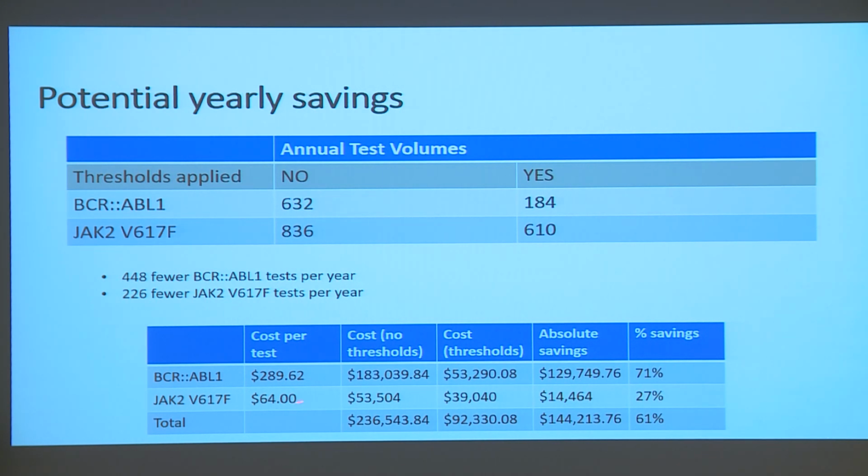And if we look at the cost per test, BCR-ABL being the much more expensive, almost $300, and JAK2 is $64, we get an absolute savings of $144,000 just by implementing some CBC-based automated thresholds to automatically triage out unnecessary tests.